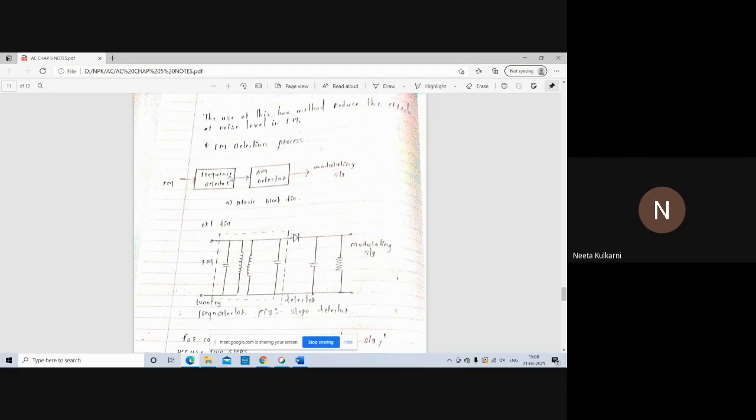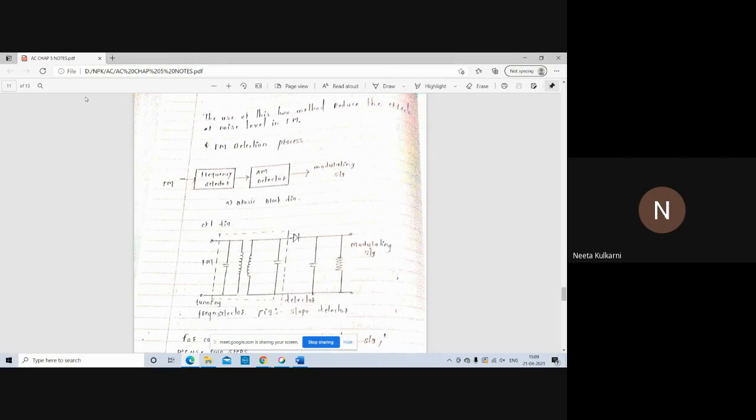First, FM चं कन्वर्जन कशामध्ये होतं? फ्रिक्वेन्सी सिलेक्टर, AM डिटेक्टर. FM आपण फ्रिक्वेन्सी सिलेक्टरला देतो, and the frequency selector is one circuit which generates equivalent voltage proportionate to the input frequency.